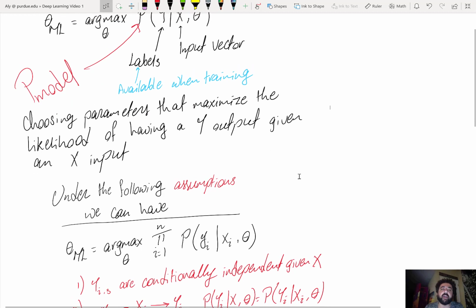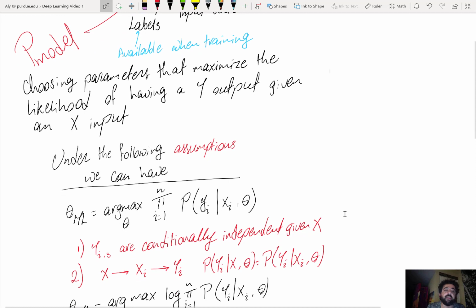Now there are two key assumptions that can help us significantly simplify this equation and get a very simple formula that gives us insight into how to design practical cost functions. For the first assumption, let's say I have n examples: n x's, x1 to xn, and correspondingly n y's, y1 to yn. The x's are the input vectors.